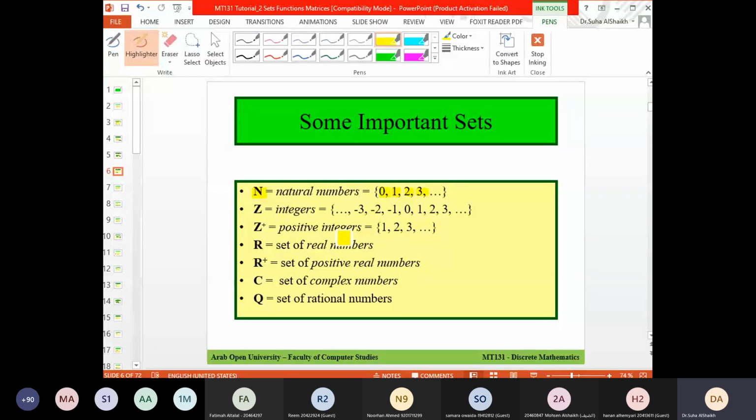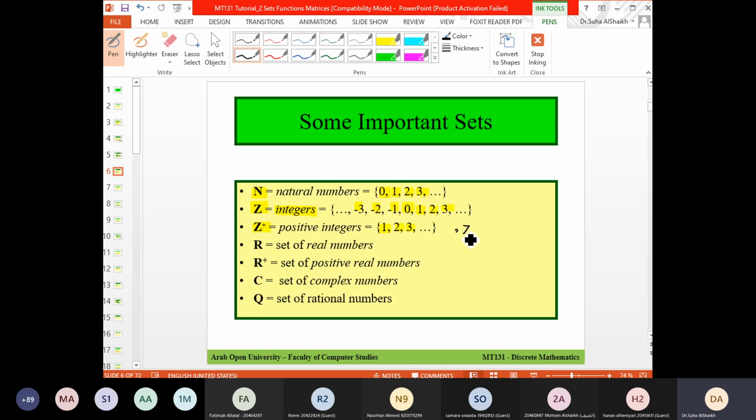For the first, ما عدا الimportant sets هذه, usually لما أقول N, I'm talking about the natural numbers. Whenever I say Z, I'm talking about integers, اللي هي الأعداد الصحيحة, اللي هي الأعداد الكاملة, whole numbers. I'm talking about the 0, 1, 2, 3, minus 1, minus 2, and minus 3. Z positive, as we said, it is 1, 2, 3, and so on.